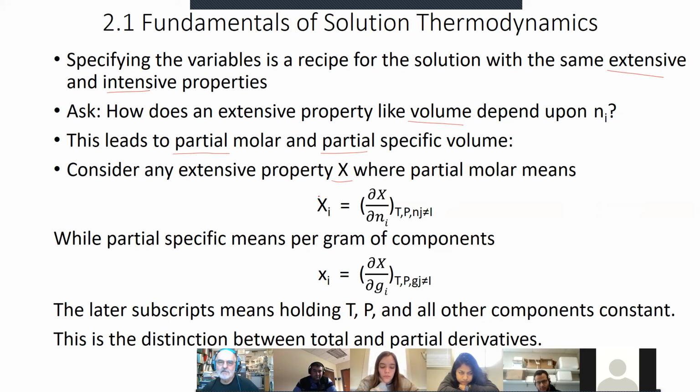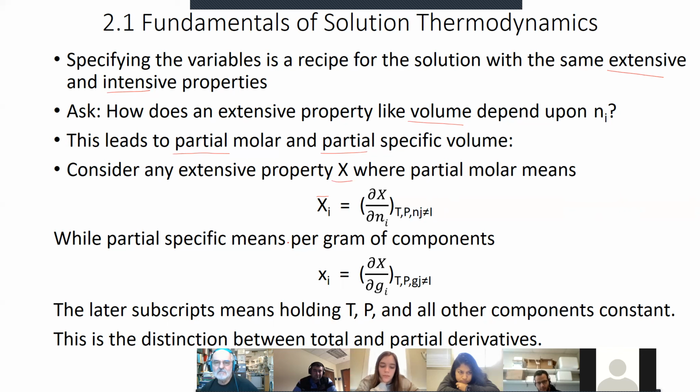Now, in the book, they tend to write this with a bar over the top. I was having trouble finding a bar over the top of these parameters, so I'll sort of mix this a little bit, but you should recognize that this is the equivalent of having a bar.